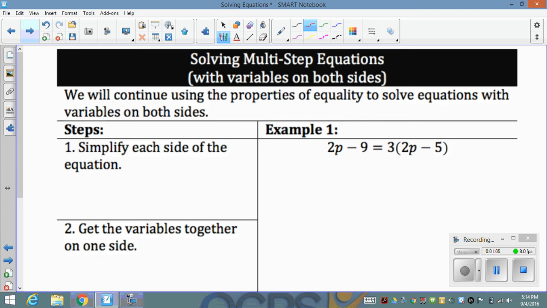So first of all, remember, simplify means eliminate grouping symbols, and combine like terms.